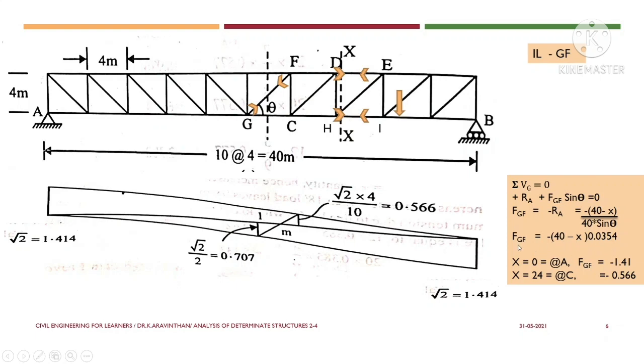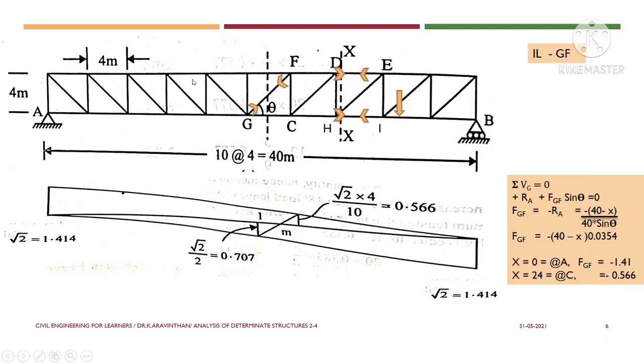When you substitute FGF equal to 0 at point A, you will be getting minus 1.41. So at the point 0, you will be getting 1.41, and if I need it at point C, I have to substitute x equal to 24. So at the point C, I am substituting x equal to 24, I am getting minus 0.566, which is negative.